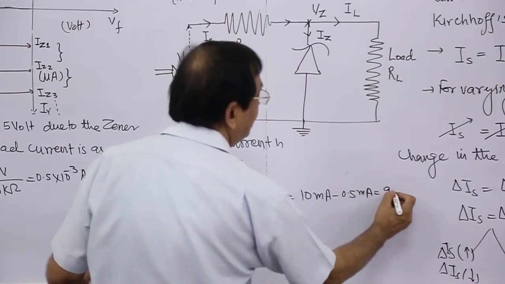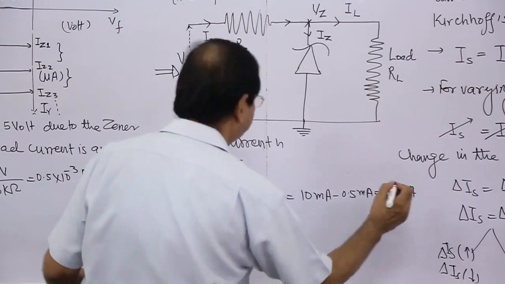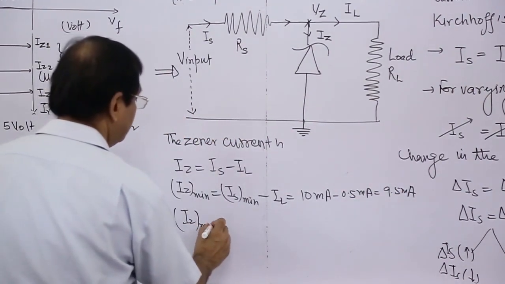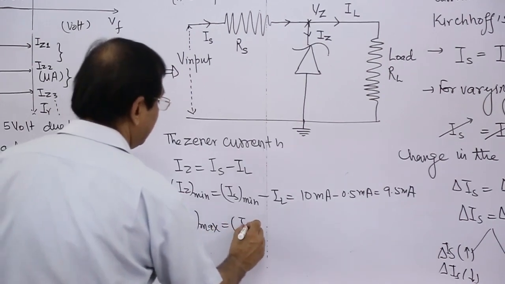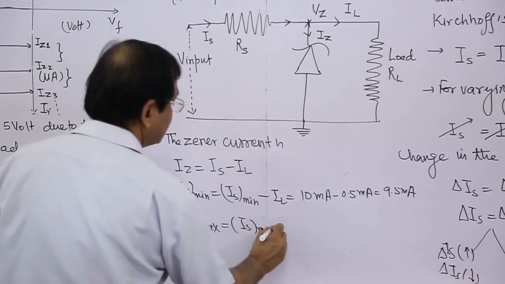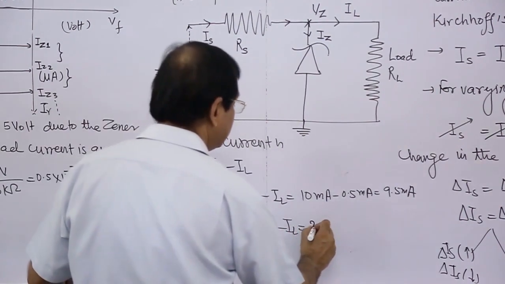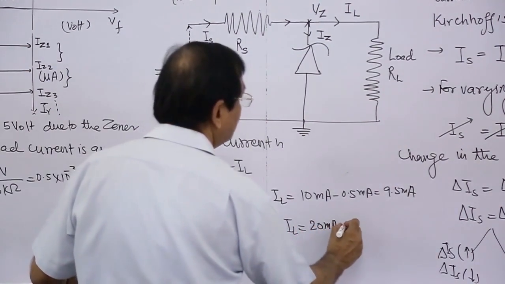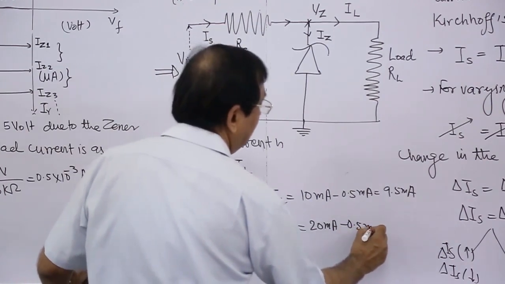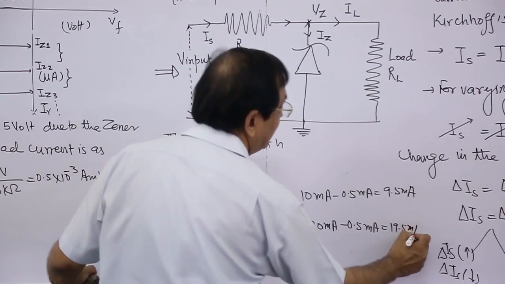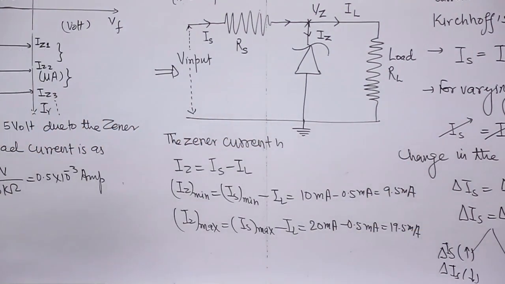So, this is 9.5 milliampere, and IZ max is equal to IS max minus I load. So, this is 20 milliampere minus 0.5 milliampere, so this is 19.5 milliampere.